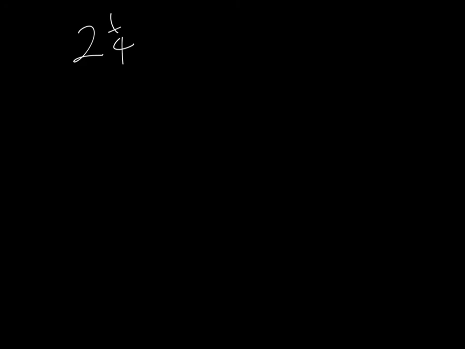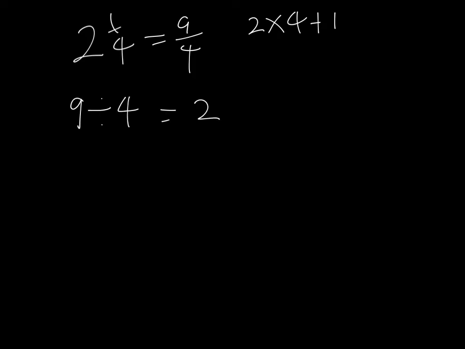When we're going the other way, we divide 4 into 9. So I'd say 9 divided by 4 is 2 times, because that's 8, and there's 1 left over. So we write 2 and 1/4.